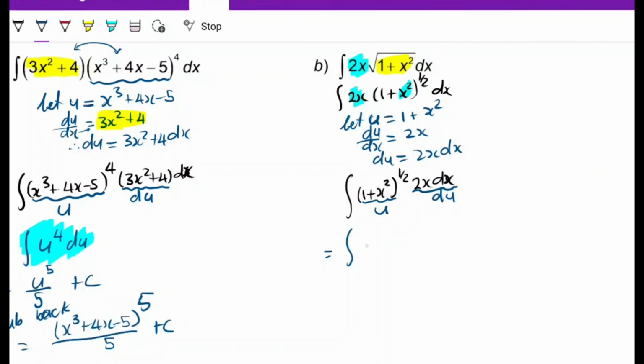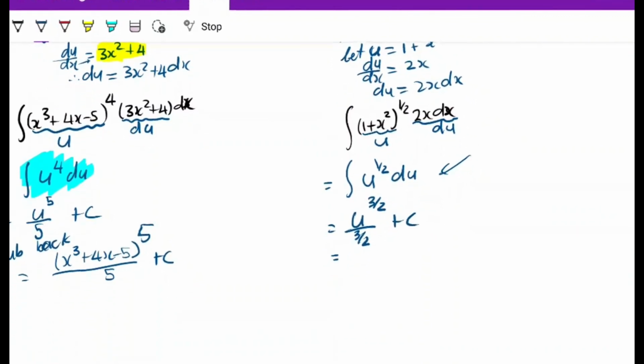Now in this case, we use u substitution. This becomes u to the half, and this becomes du. This is now in the form of an integral that is easy for us to do. We add 1 to the power, giving us u to the 3 over 2, over 3 over 2, plus the constant of integration c.